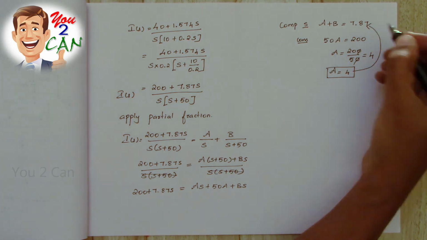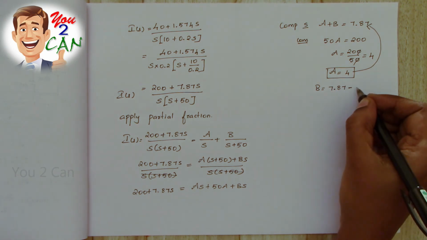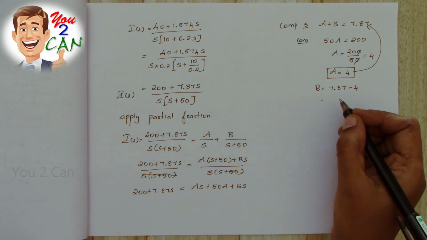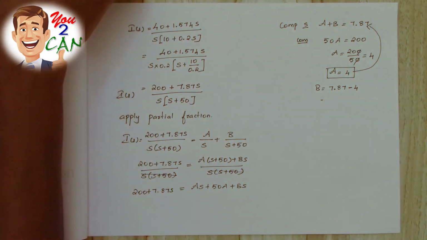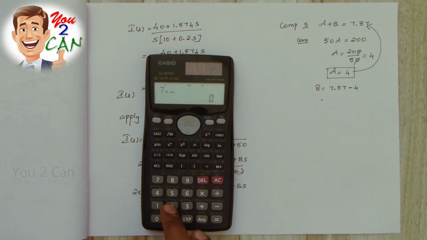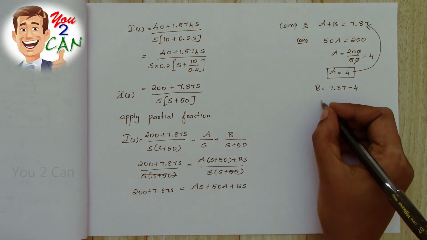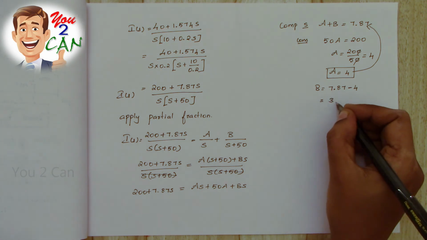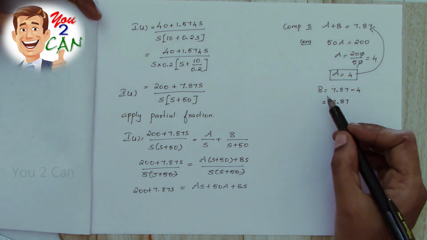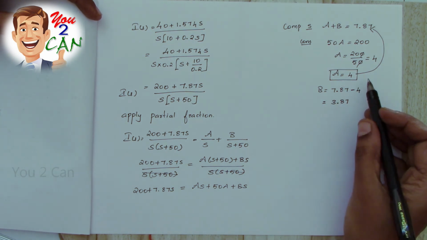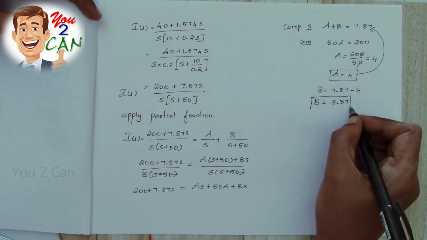Substitute the value of A here. B is equal to 7.87 minus 4, that is 3.87.